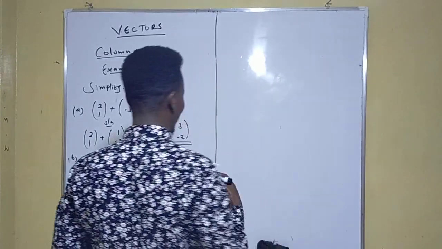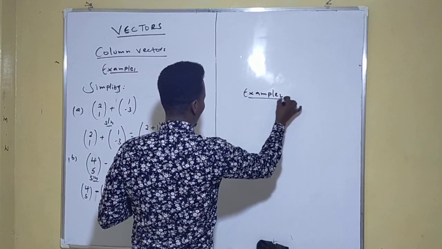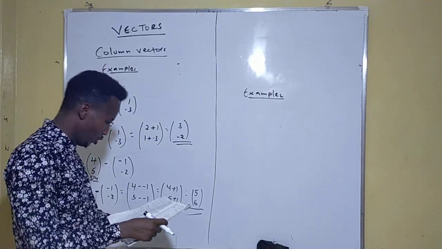Let's see example 2. We are still within column vectors.